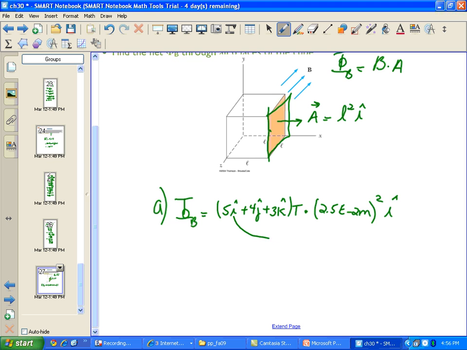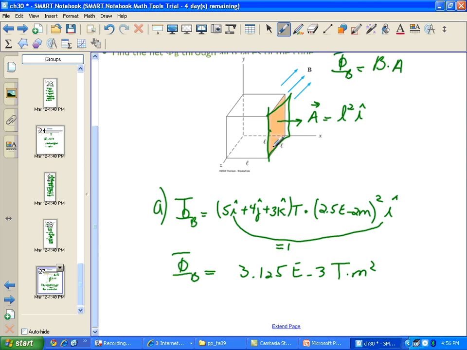And of course, i hat dot i hat equals 1, and j hat dot i hat is 0, k hat dot i hat is 0, so we only get the contribution of the i hat terms, and that gives us a value of 3.125 e to the minus 3 Tesla meters squared for the shaded face.